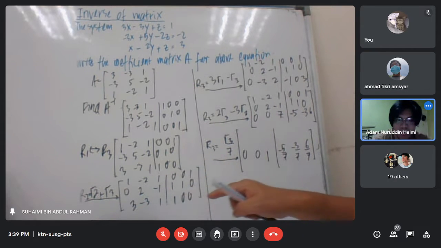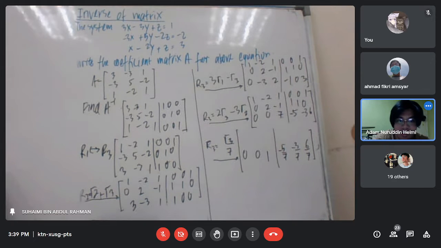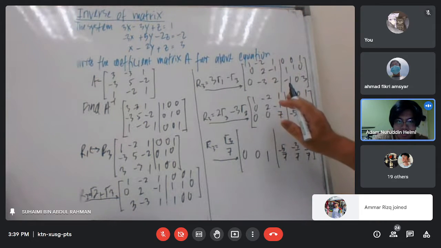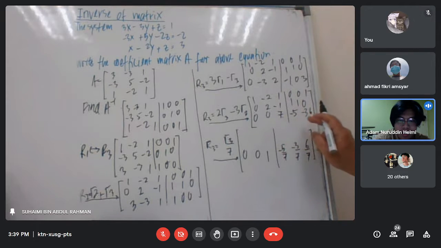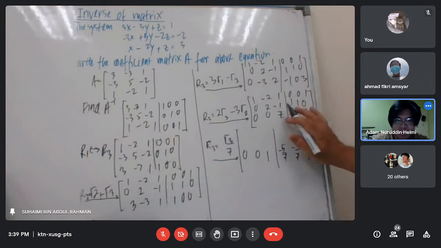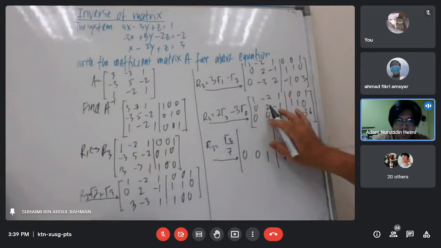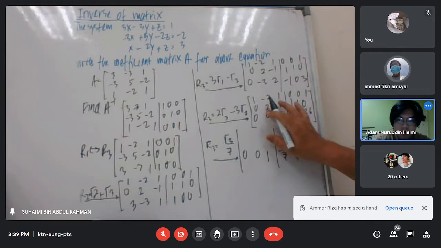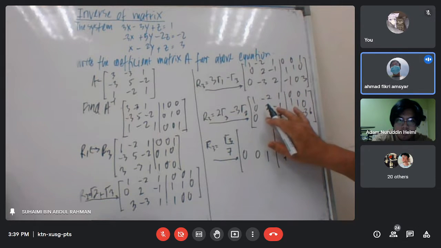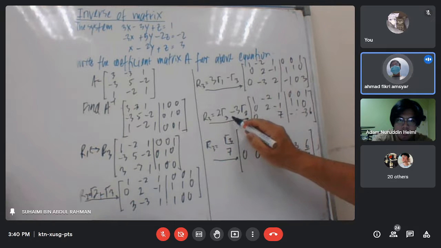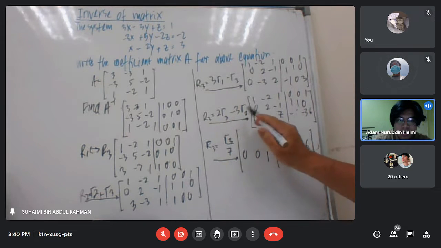So, I think at the bottom, beside 7, at the left side of 7, it should be negative 12 if we use the formula. 2R3 negative 6, minus 3R2, it should be plus, I think.